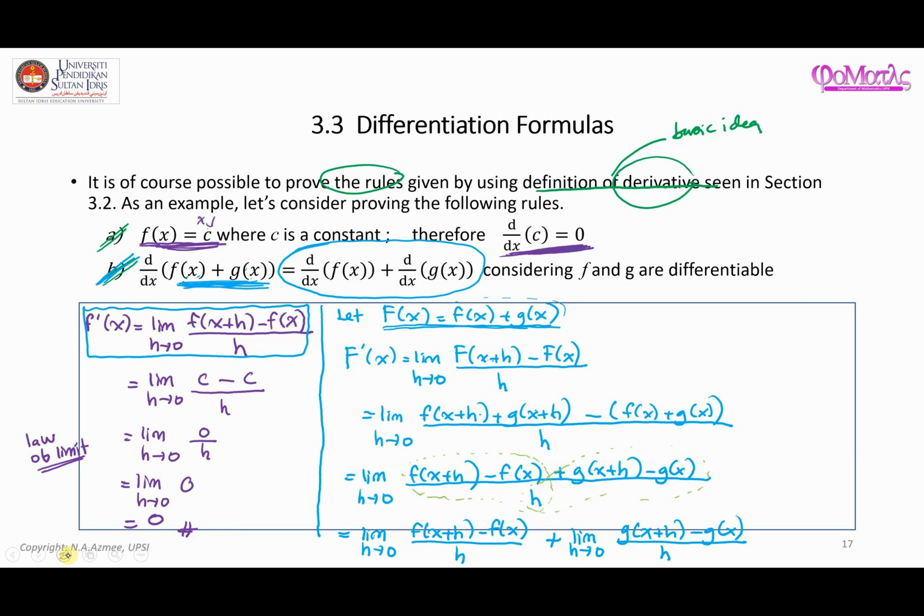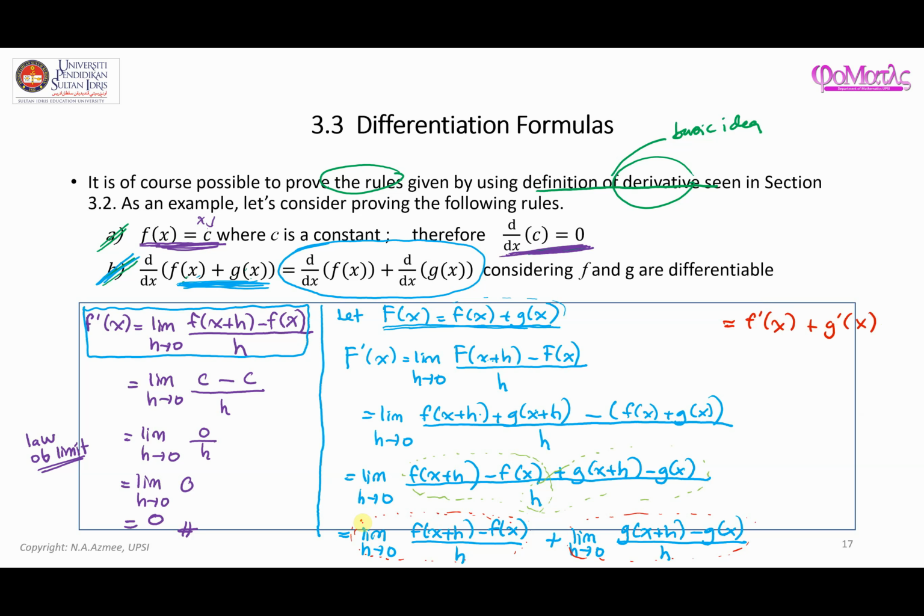And we know that this one here is the definition of f prime x, and this is the definition of g prime x. So this is equal to f prime x plus g prime x.